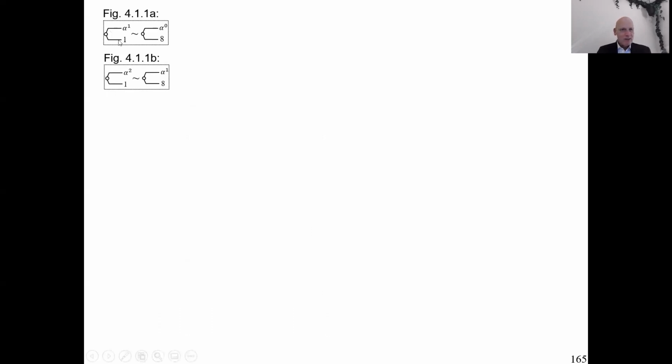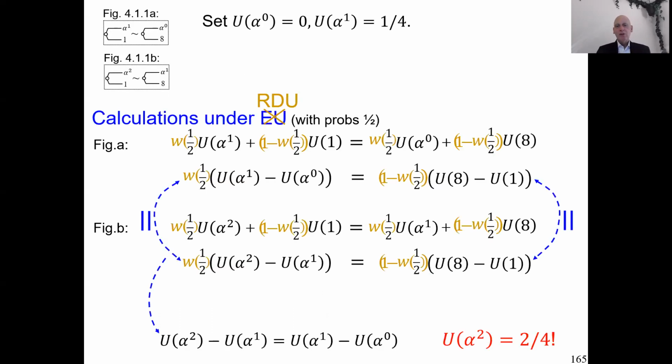I did not write candidate 1 and 2, but you remember the branches at candidate 1 and candidate 2. I'm going to assume, and you take my word for it, we can still do it. Again, I'm going to assume utility 0 at alpha 0, utility 1/4 at alpha 1, and then I'm putting up in one blow here all kinds of complicated calculations. You've seen it before.